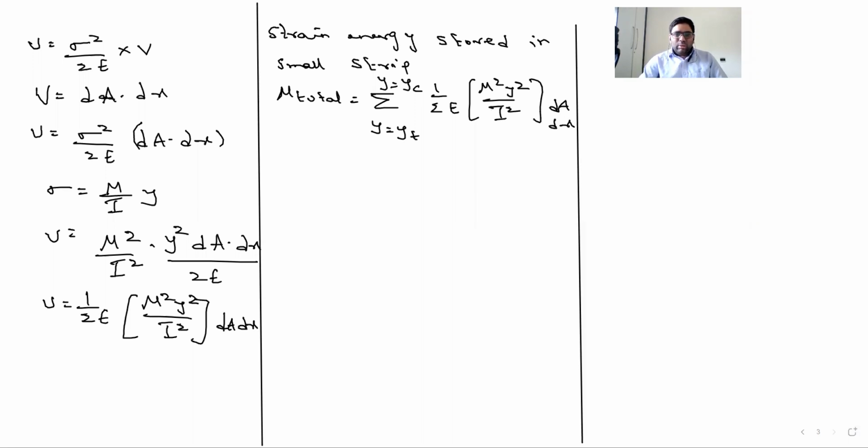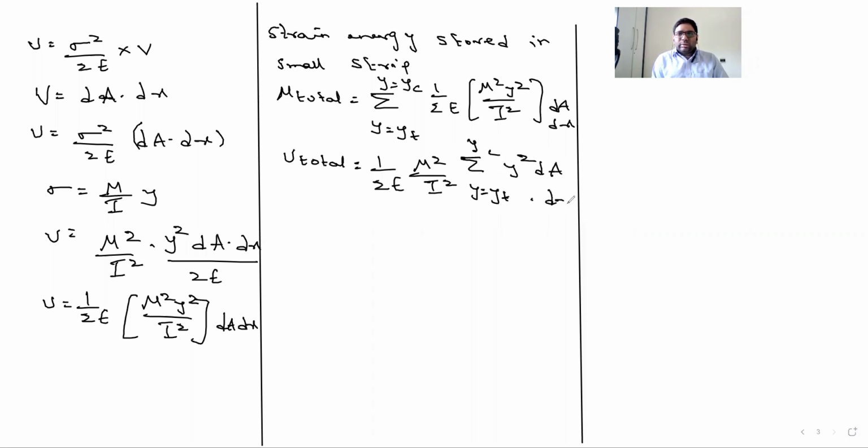Moving forward, u total is equal to 1 by 2E into M square by I square into the integral from yt to yc of y square dA, into dx.